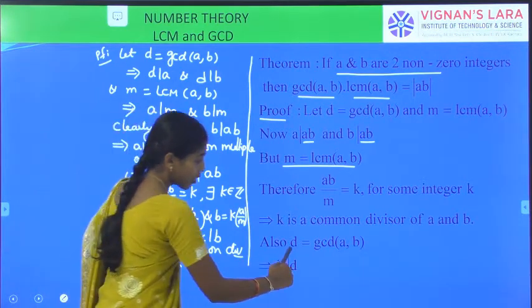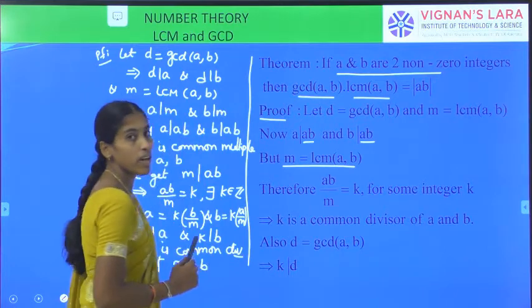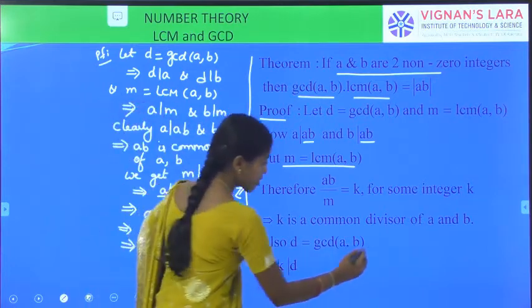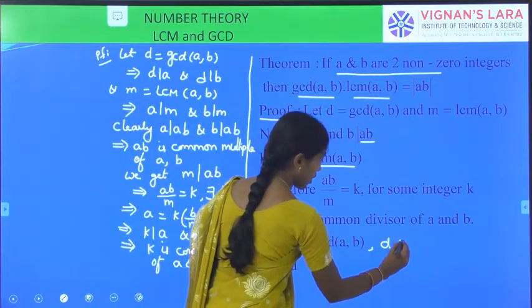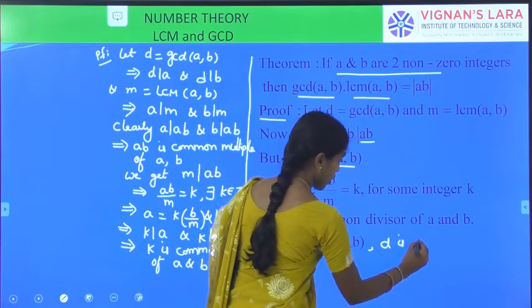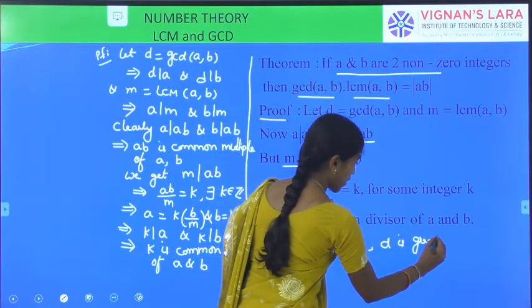But D is equal to GCD of A comma B means that D is the greatest common divisor.